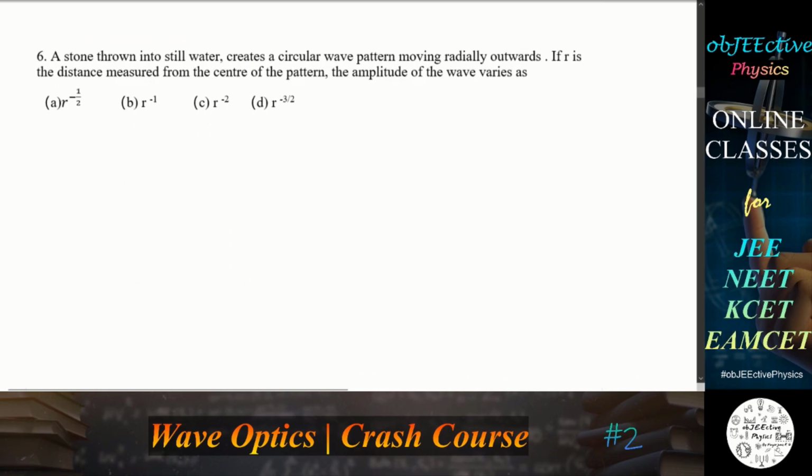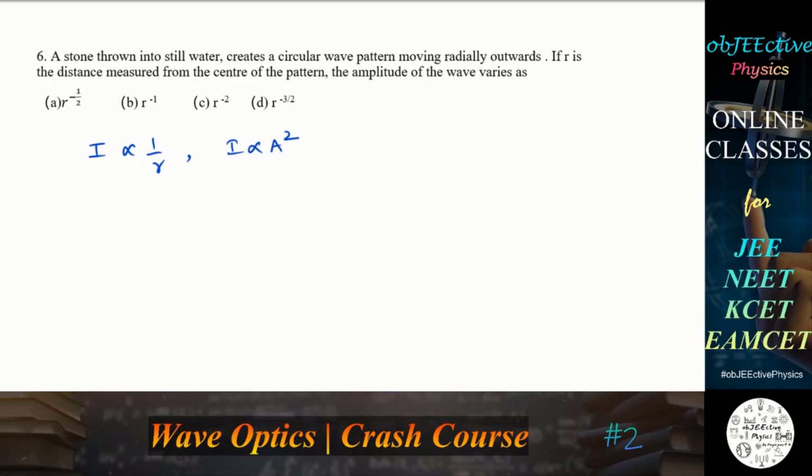A stone thrown into still water creates a circular wave pattern moving radially outwards. If small r is the distance measured from the center of the pattern, how does the amplitude of the wave vary? We know that intensity is inversely proportional to distance and intensity is directly proportional to amplitude square.